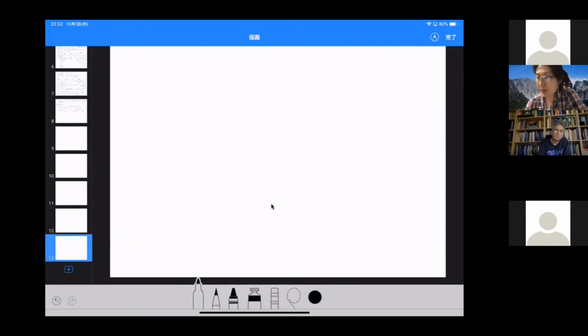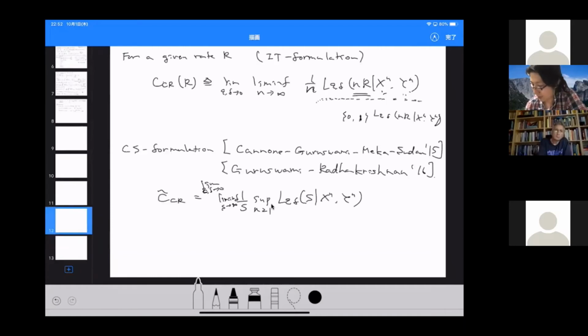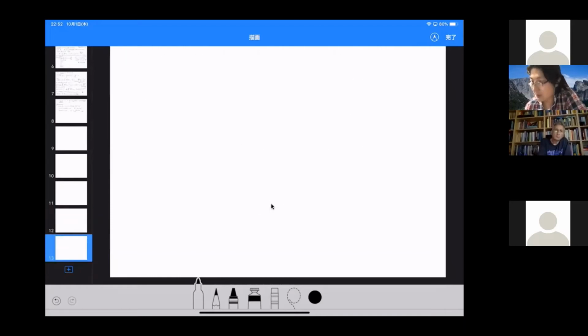So in order to characterize this capacity, we need to introduce some function. For given rate r, we introduce the function f of r as the maximum of the mutual information between u and x, where u is some auxiliary random variable satisfying this Markov chain constraint.